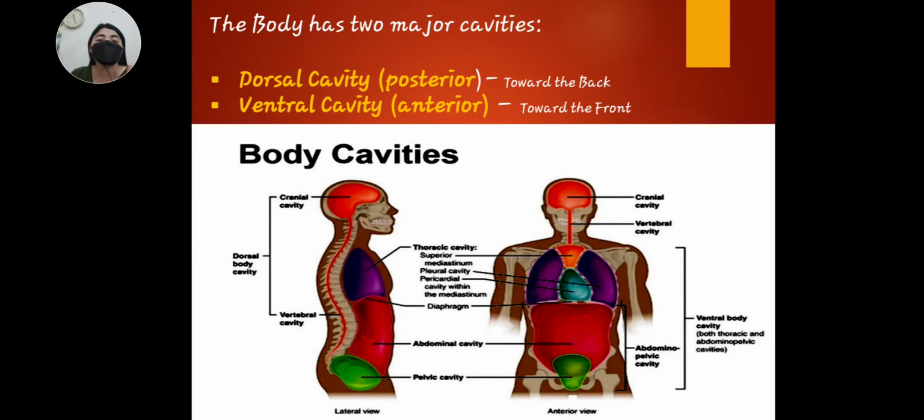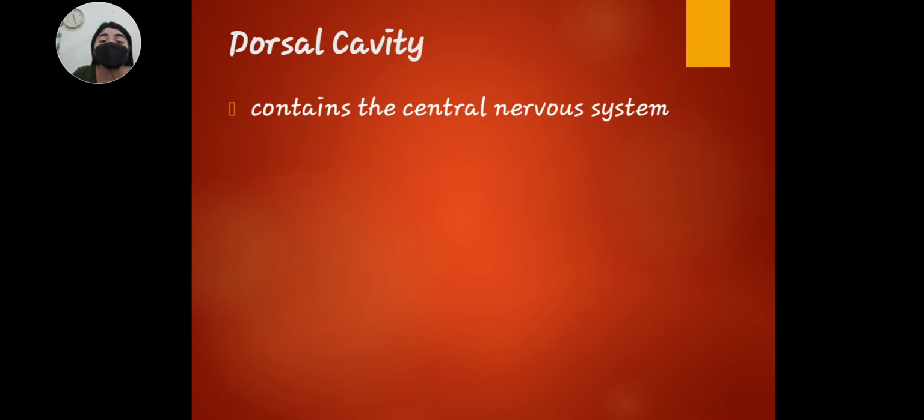Let's discuss this furthermore. This was the illustration of the dorsal cavity or the posterior part, and the ventral cavity or the anterior part. Let's discuss it one by one. First, the dorsal cavity. The dorsal cavity contains the central nervous system. Why?